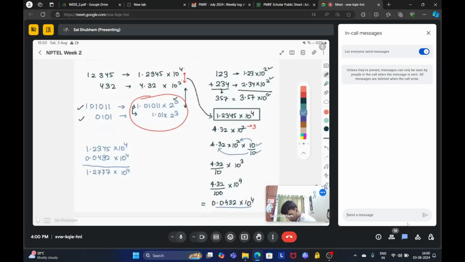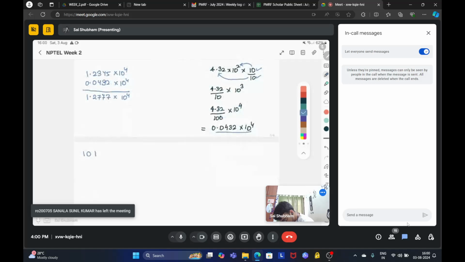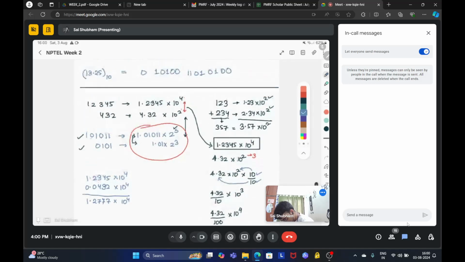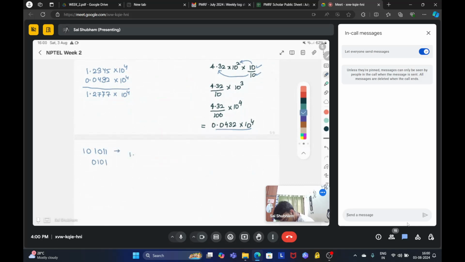So in this case, what we are doing is 1.01 into 2 power 3 into 2 by 2.